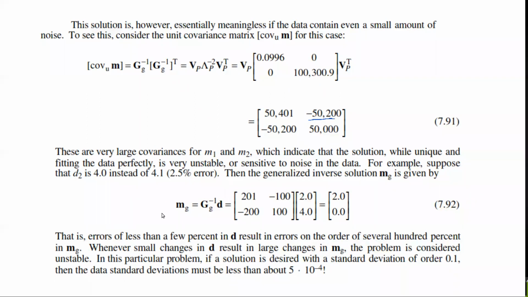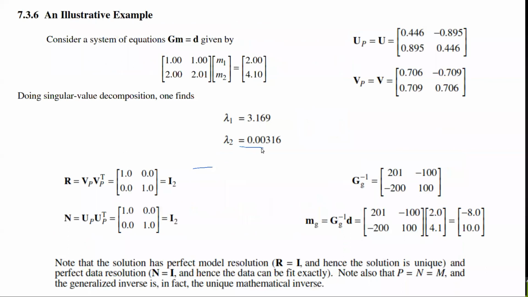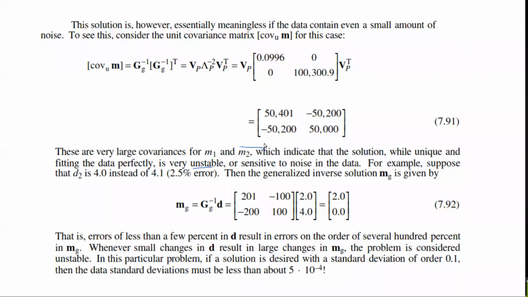There is a simple analysis: if you have a unit covariance matrix like this, you should know that you have a problem with your model estimation. Remember I talked about the instability caused by the small singular values. This is what is causing these huge numbers here.